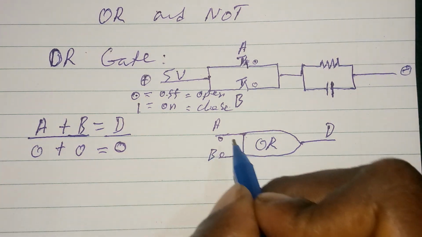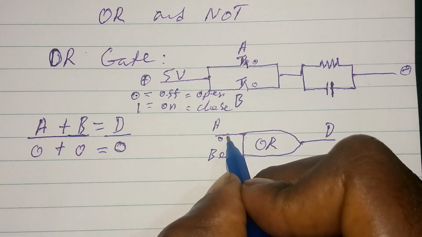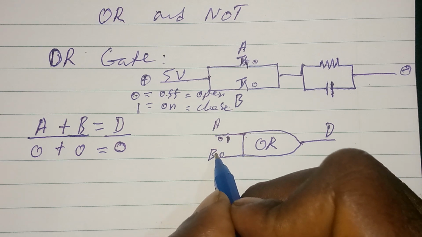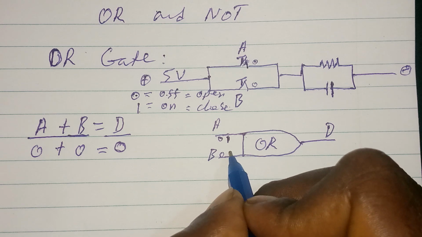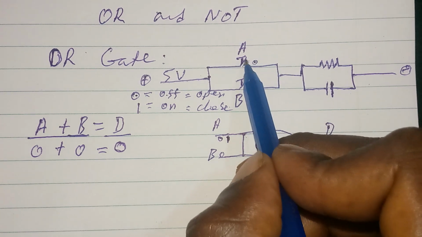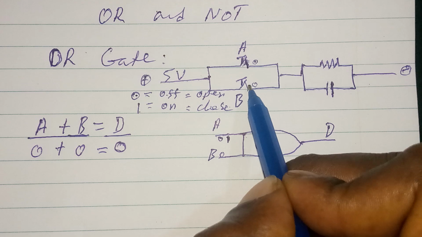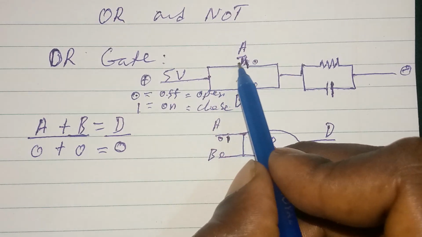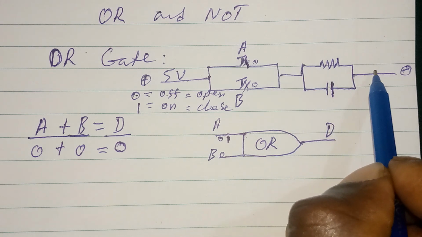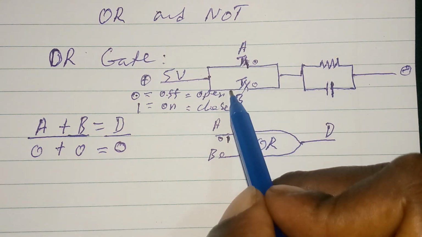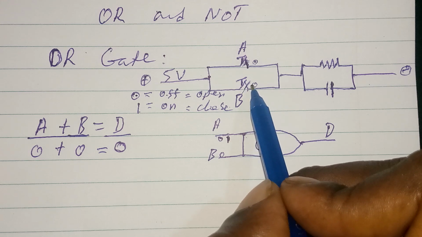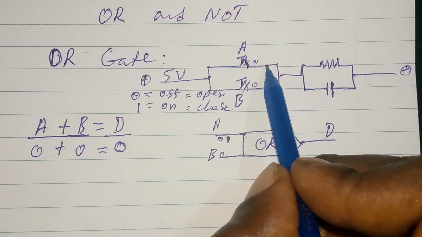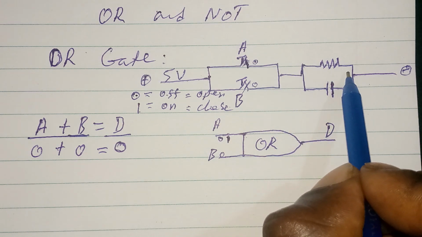Now, in case we close this switch, this is 1, we close this switch A, leaving switch B open. So if we close switch A here, leaving switch B open, now the power will still pass through switch A and then the circuit will be powered, despite switch B being open. Since switch A is closed, the 5 volts will now pass through switch A and then switch on the circuit.